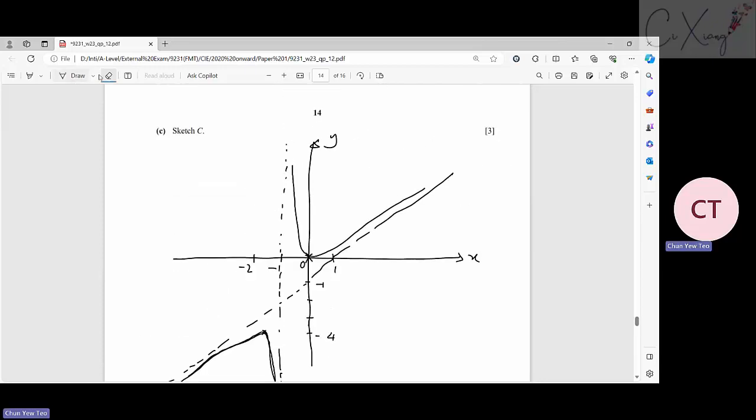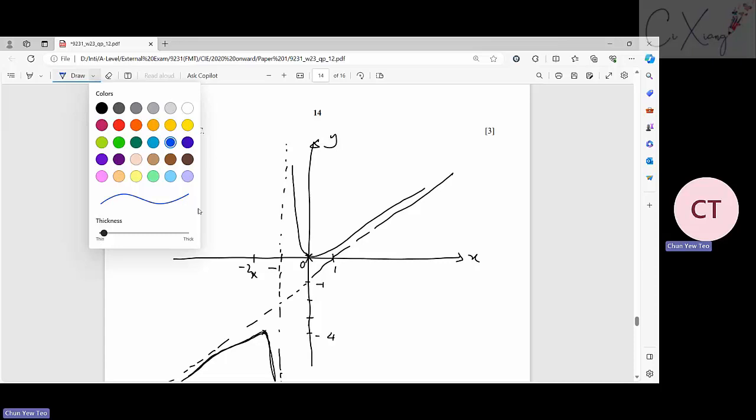So the 0 over here is going to become an asymptote. Then the asymptote over here is going to become a 0. Then this -4 is going to become -1/4. Then the graph is going to be like that.